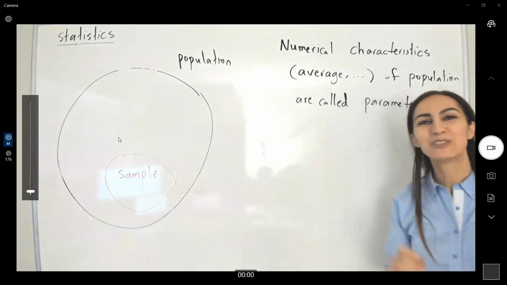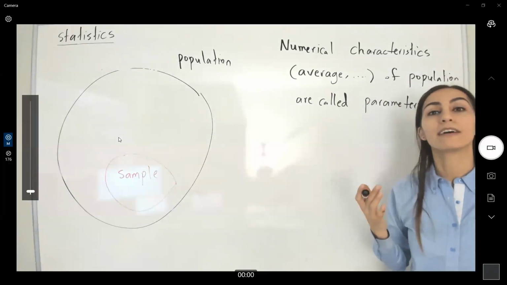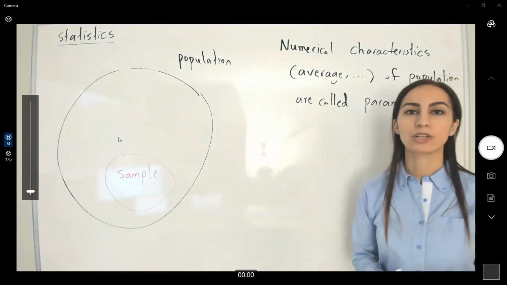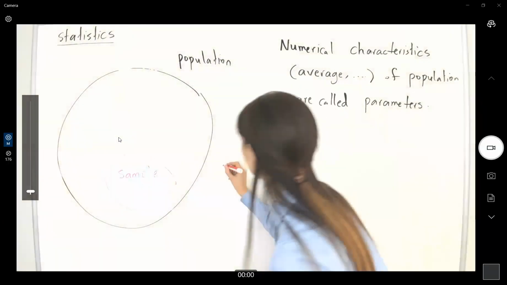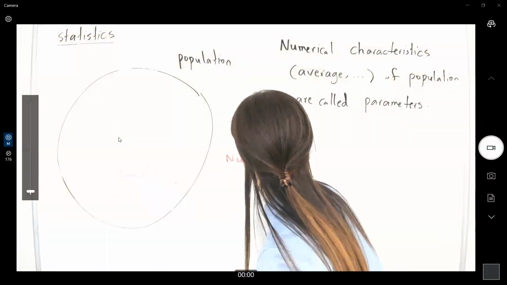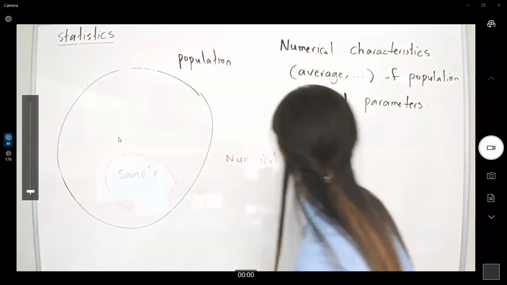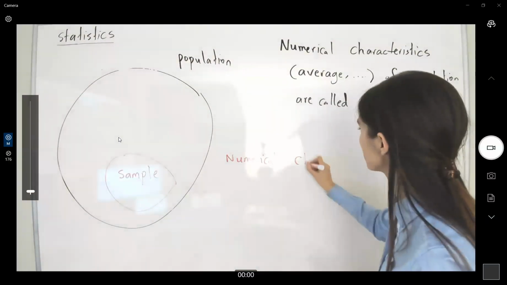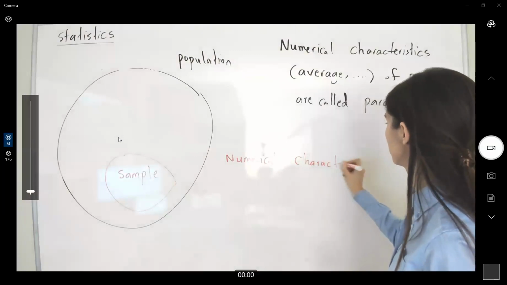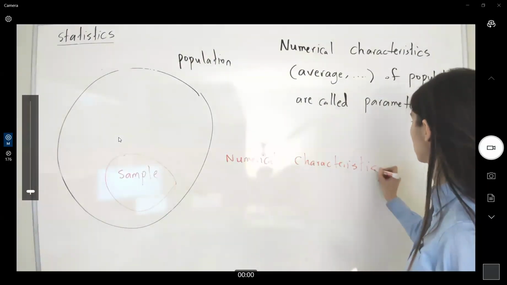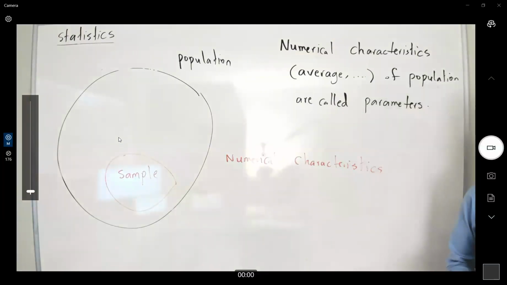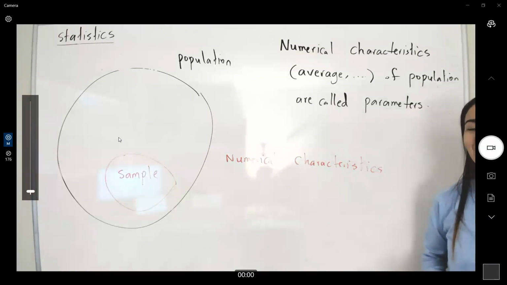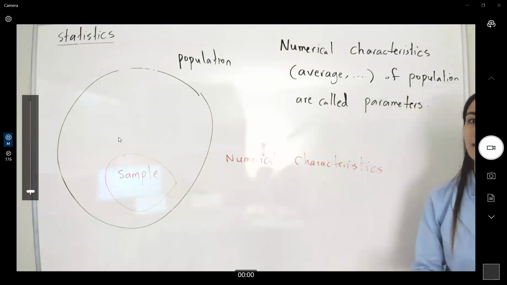When we are talking about numerical characteristics of a sample, you're actually working with statistics. Again, like the average of a sample. What is the average GPA of Math 10 students in De Anza?